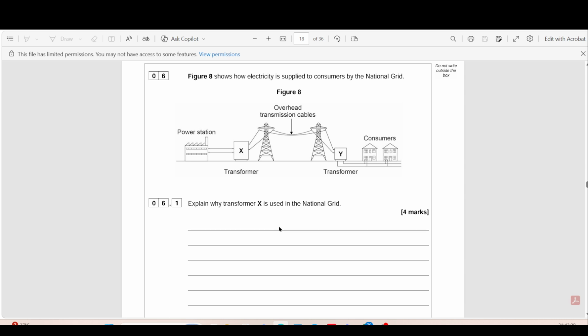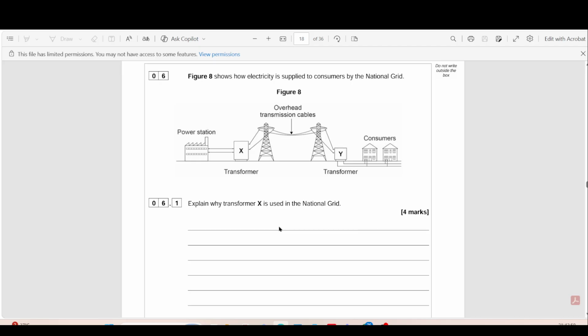It increases the voltage from the power station before the electricity is transmitted through the overhead cables, and by increasing the voltage the current will reduce, and a lower current reduces the amount of energy wasted as heat due to resistance.